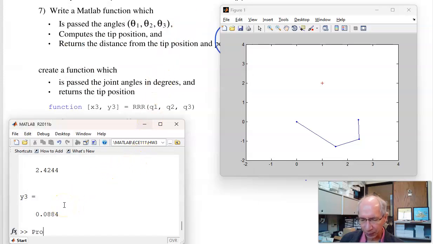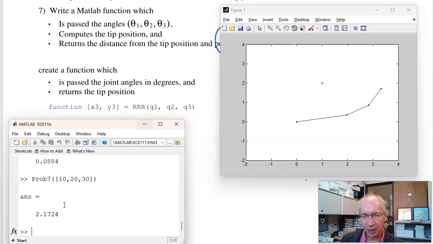If I try that, problem 7, and here's my guess, 10, 20, 30 degrees. I'm off by 2.17 meters. Let's try 10, 50, 60. A little bit better. Keep guessing until I drive the error to 0.